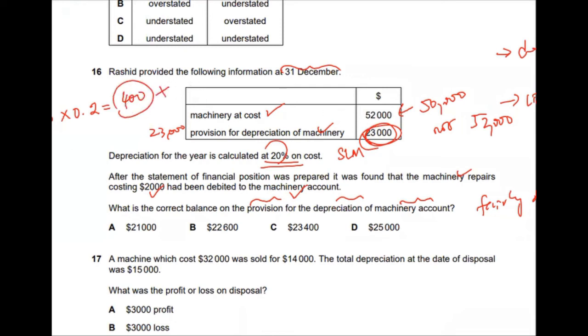So you simply need to do 23,000 minus 400. This will give you 22,600, and the correct answer to multiple choice 16 would be option B. That would be the correct balance, because this $2,000 should not be in the cost, and therefore with the same depreciation rate, that amount should not be entered in the provision for depreciation of machine. So the answer to multiple choice 16 is option B.